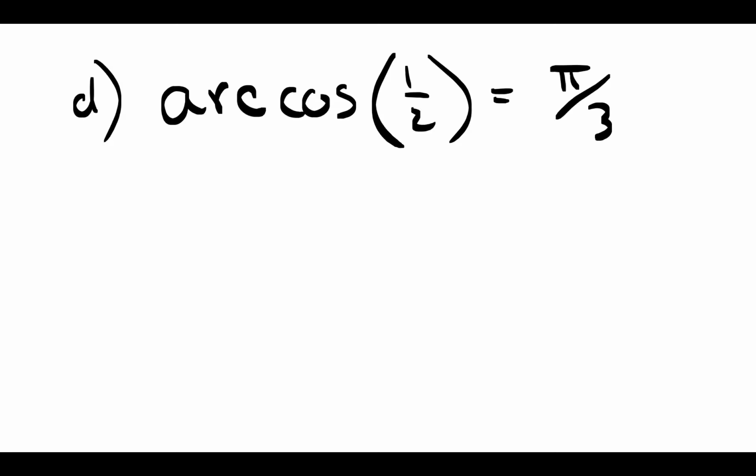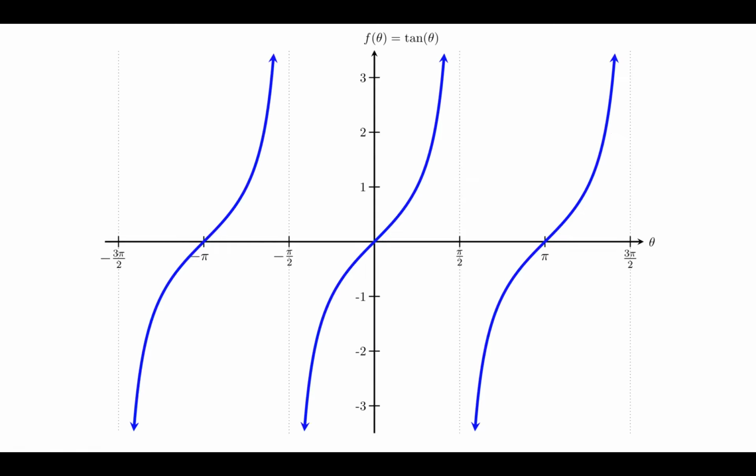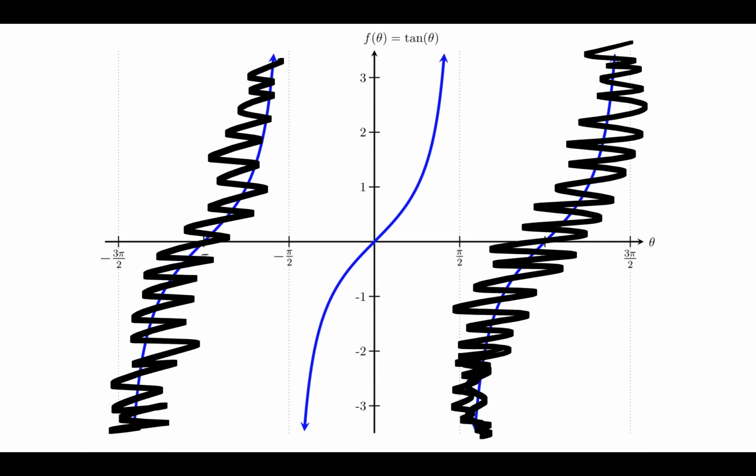Okay, and next, let's deal with tangent. What should I block off of tangent to pass a horizontal line test? Yeah, the 2 on the sides. I block this one off, block this one off. Bam, I pass the horizontal line test now. Where am I at?